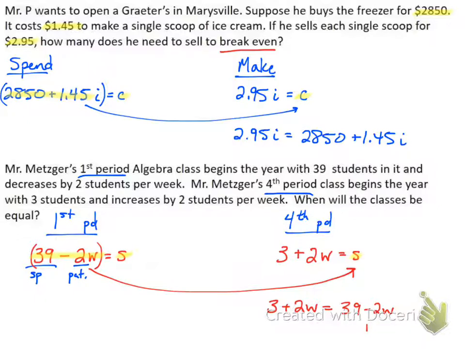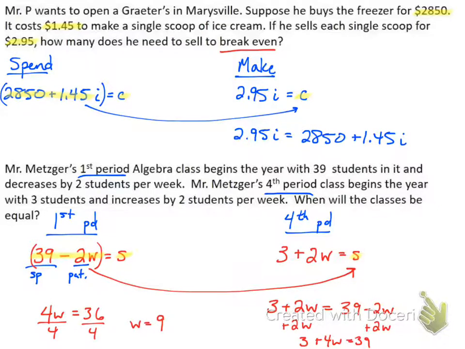What I can do is, again, I can add the 2W to the other side. Get 3 plus 4W is equal to 39. I can subtract the 3 to the other side. Sorry, I'm running out of room here. To get 4W is equal to 36, and then divide by 4. So W is equal to 9.